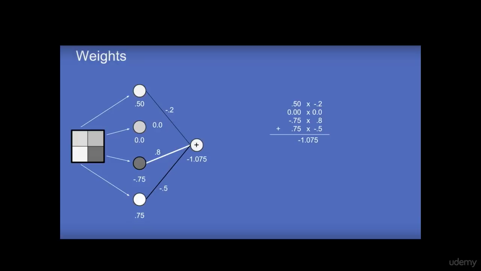So, given the values, we get an output for our neuron that ultimately adds up to negative 1.075. So that gives us a value for our neuron.